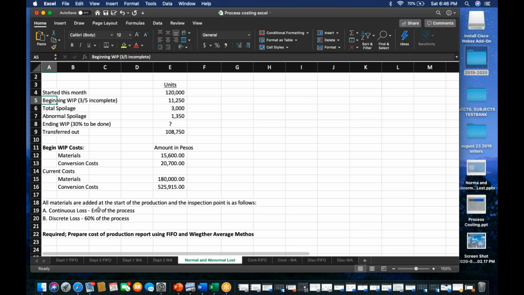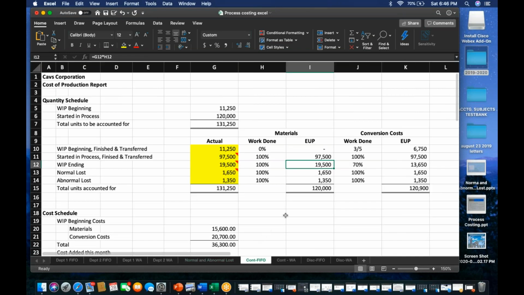Okay, the inspection point is at the end of the process. So, yung ating mga lost units, we only identified them as lost at the end of the process. So therefore, sa umpisa pa lang, nalagyan na sila ng materials, kaya 100%. Kasi yung kanilang inspection point is at the end. Kaya 100% sila in terms of materials.